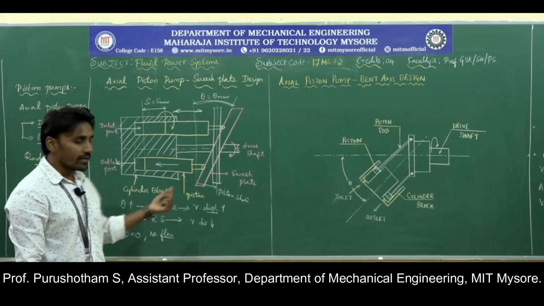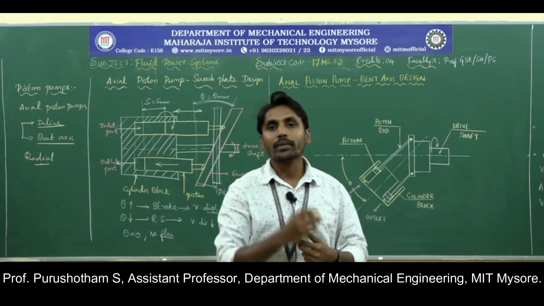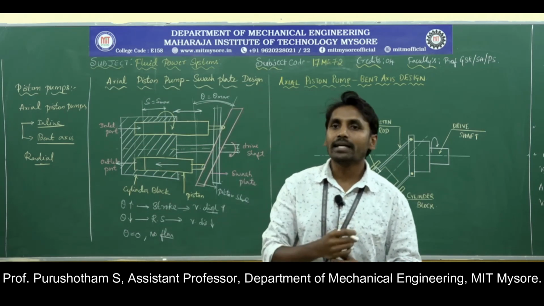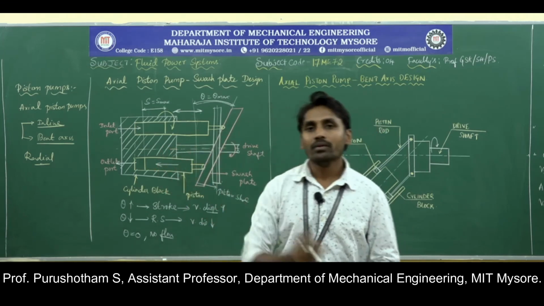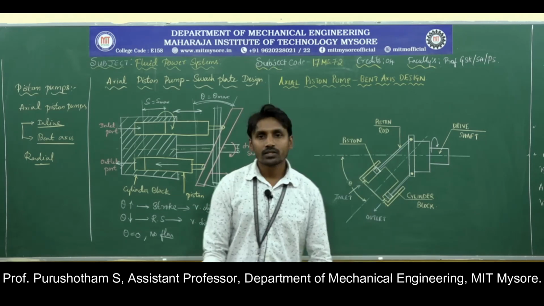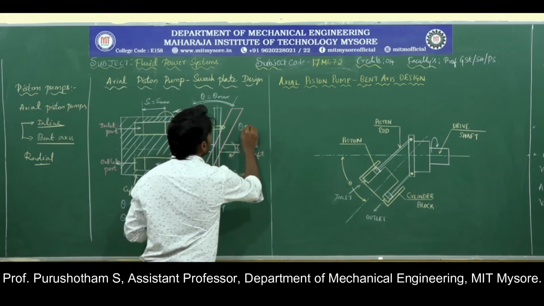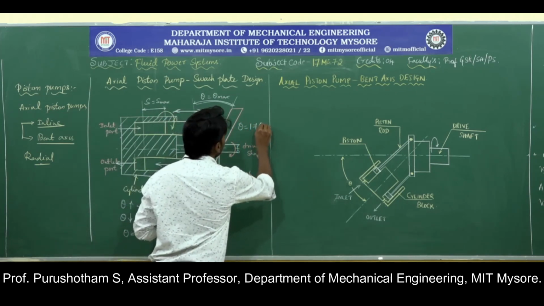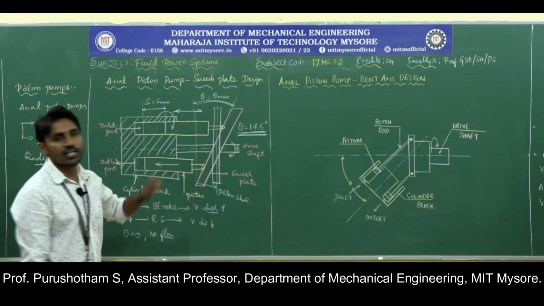In this way, by varying the swash plate angle, we vary the volumetric displacement, hence it is called a variable displacement pump. The maximum swash plate angle is 17.5 degrees, the maximum angle that can be set for the swash plate.